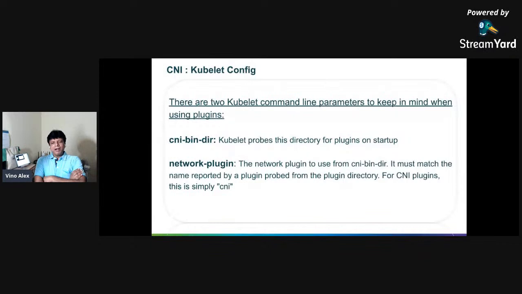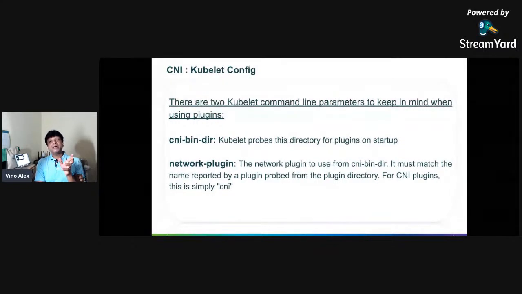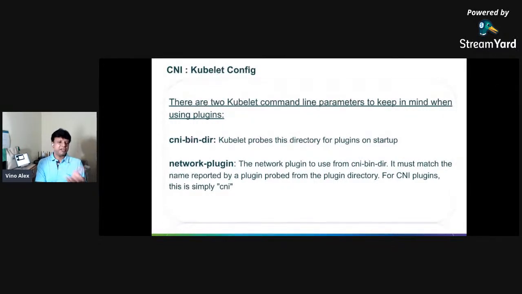One fun part of the CNI is that most of these configurations are handled by whatever installation method you adopt to deploy your Kubernetes, right? That's why sometimes we totally forget about the CNI.